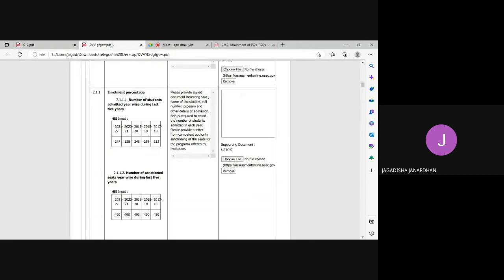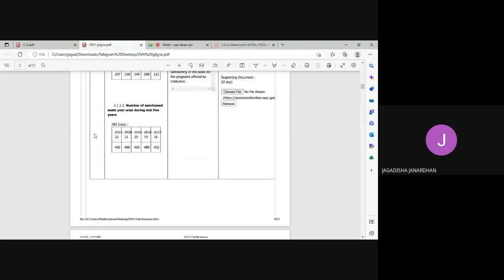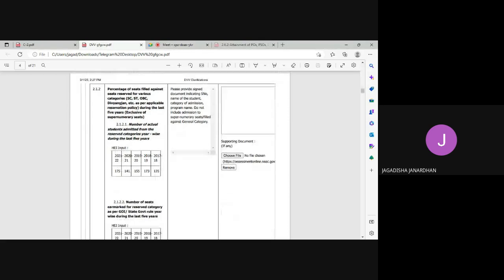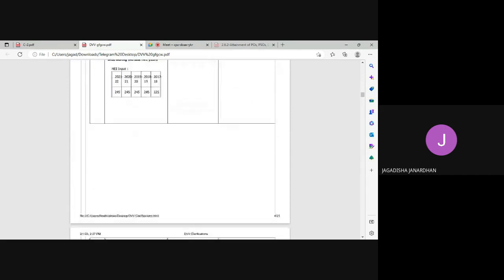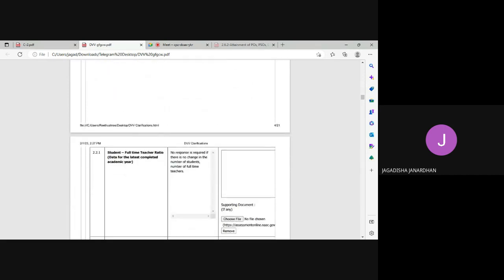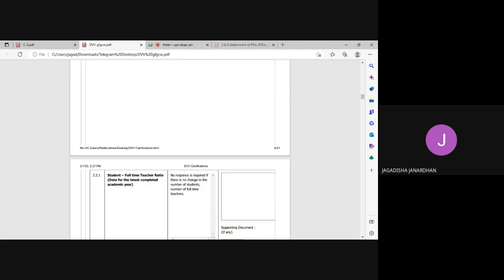Regarding this DVV, I will mention one point. For this category-wise details, you are required to provide the admission statistics. In the case of full-time teachers, data completed for the latest academic year has to be mentioned. Sometimes, if there is no change, they will not ask for any DVV.